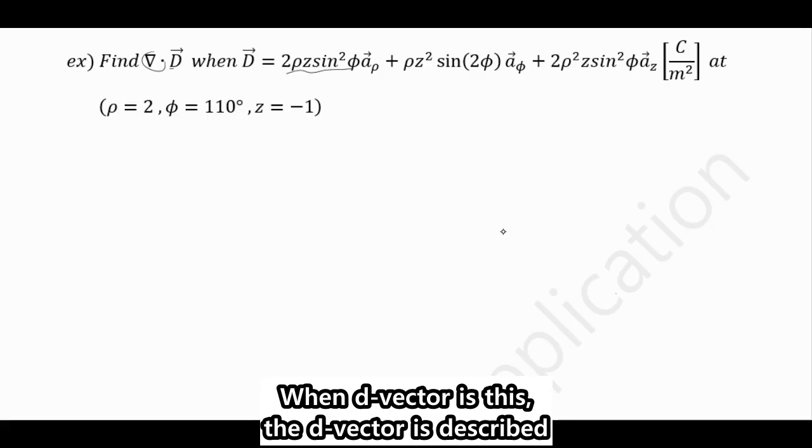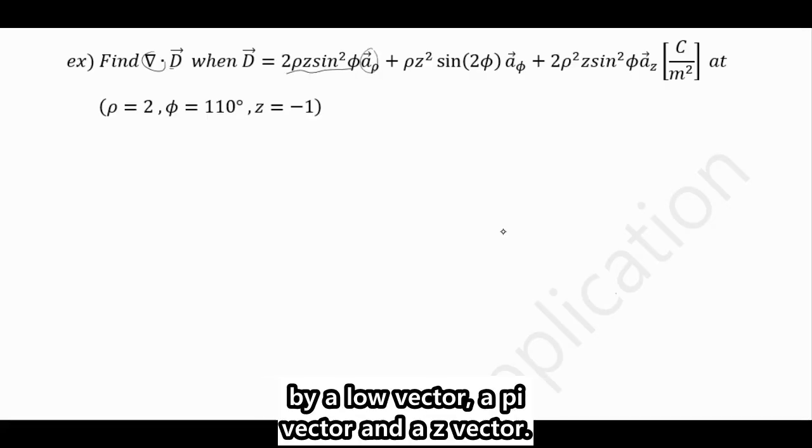The D vector is described by a rho vector, a phi vector, and a z vector.